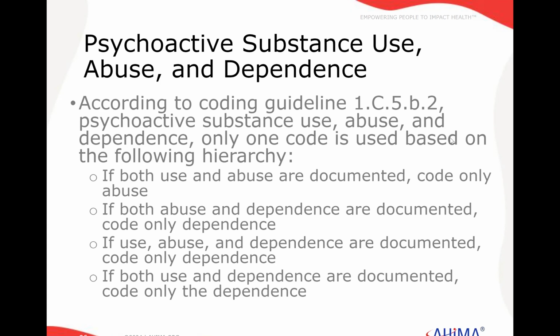If use and abuse is documented, we'd code abuse, abuse being the most severe. And if use, abuse, and dependence are all documented, we would only use the code for dependence. So again, going back to a general rule of thumb, use is the least severe, followed by abuse, which is more severe, and then finally we have dependence.